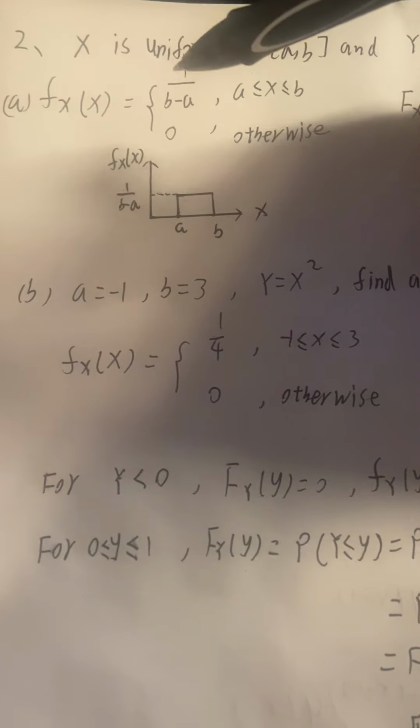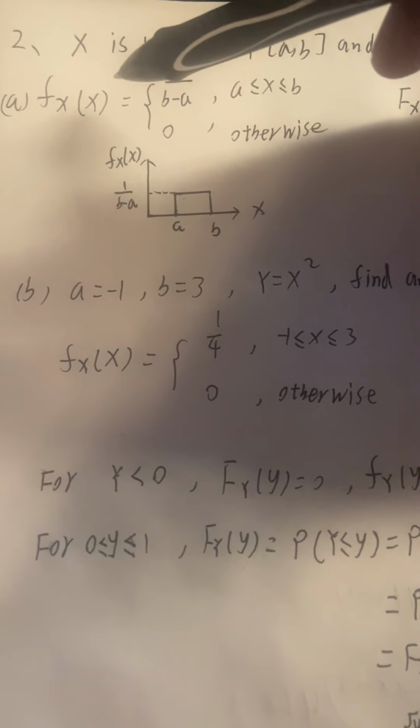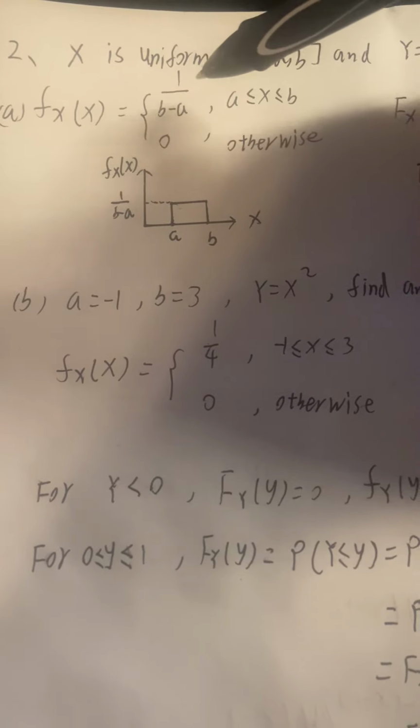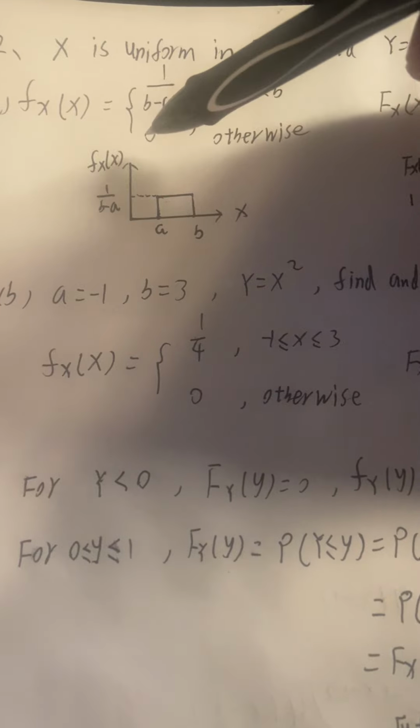We know that if X is a uniform distribution, then its density function will be 1 over b minus a when x is in [a, b] and 0 otherwise.